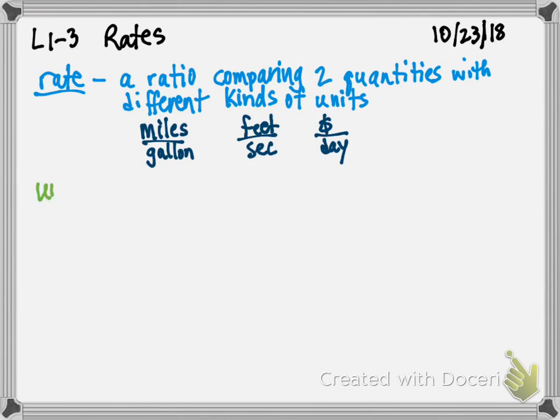So unit means one. Rate is a comparison of two quantities with different kinds of labels. So what we're going to do is take what we have and make sure that the denominator is written with a 1. So a unit rate is a rate, still two different labels, with a denominator of 1.